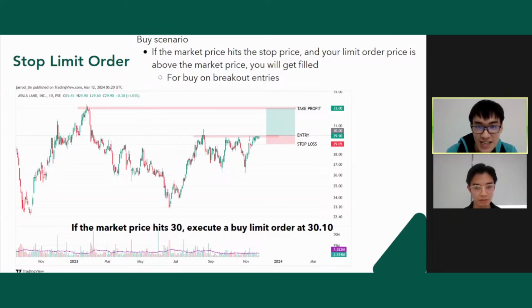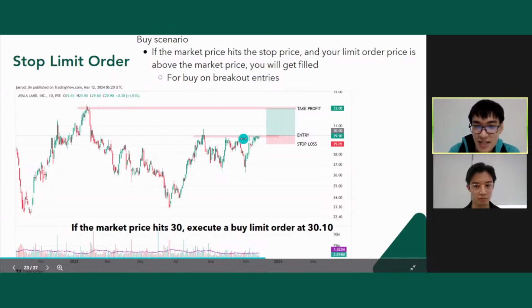Very precise breakout entry. So what you would do is you would set a stop limit order where your stop price is at 30. Tapos yung buy limit order mo is above 30, so mga 30.10. So what this means is that if the price hits 30, execute a buy limit order at 30.10.